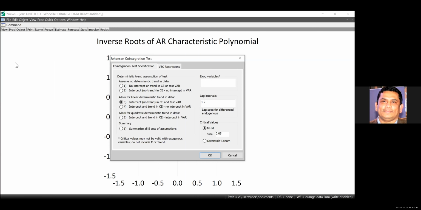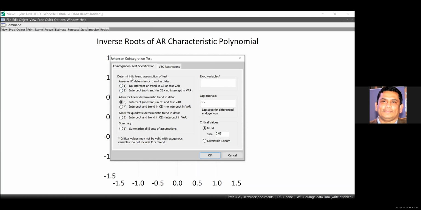So you see that in our case, because we already confirmed that we can use 2 lags, that's the optimal lag here. And there are a couple of different models, based on whether you want to use the intercept or trend with the cointegration equation and then the test VAR equation. Because in the VAR there is no cointegration relationship, but when you estimate the restricted VAR, that's the error correction model, and then you put one restriction there, there is the cointegration.